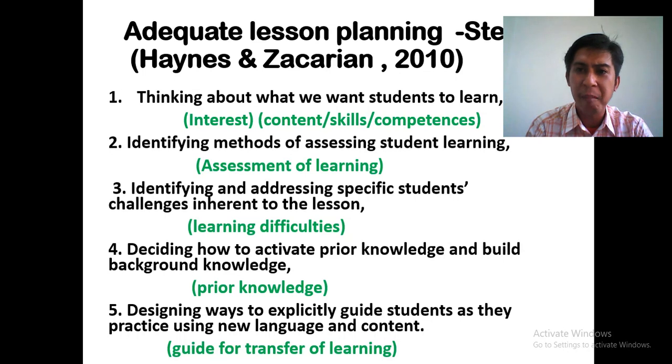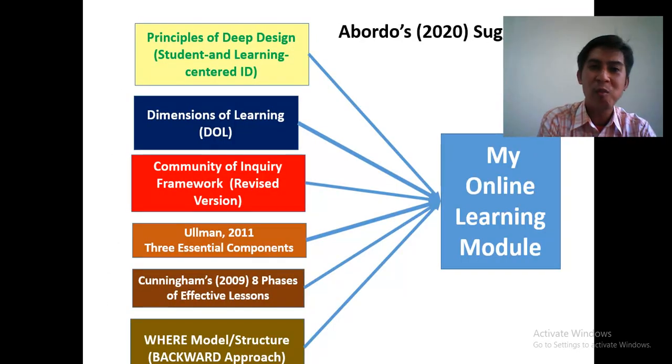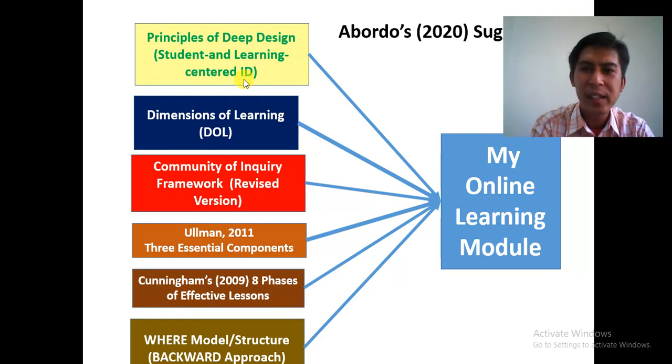Guide them so that they can acquire those and use them in context. That's transfer of learning also. So when we go deep design, we consider those very important principles. So we just covered the principles of deep design. Okay, you can go back to this later on if you like.